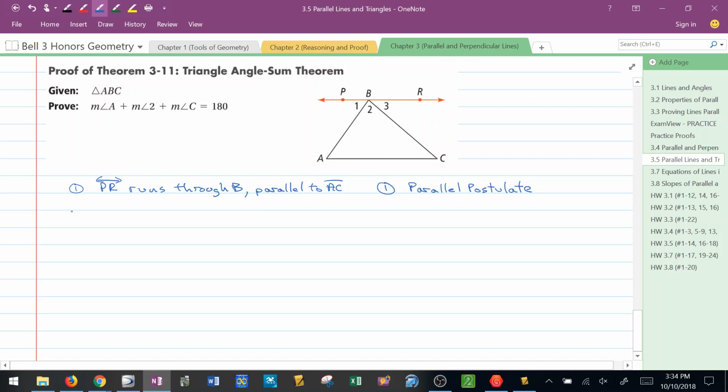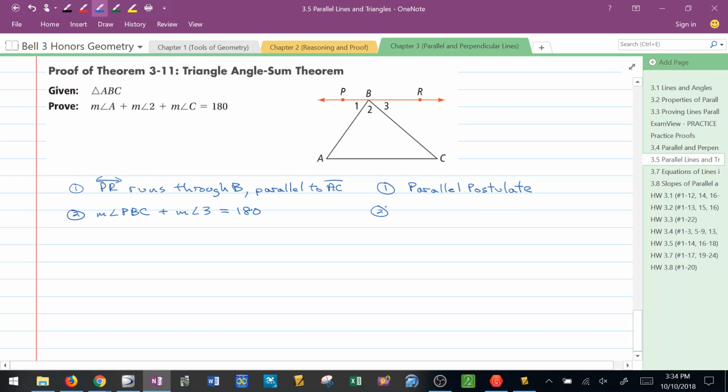Okay? When I drew that red line, there are three angles that get created up on top. But I only want to focus on two of them because I know two of them form a linear pair, and therefore I can say they would be supplementary. So for example, here's what I'm talking about. I know that the measure of angle PBC plus the measure of angle 3 has to be 180 degrees.